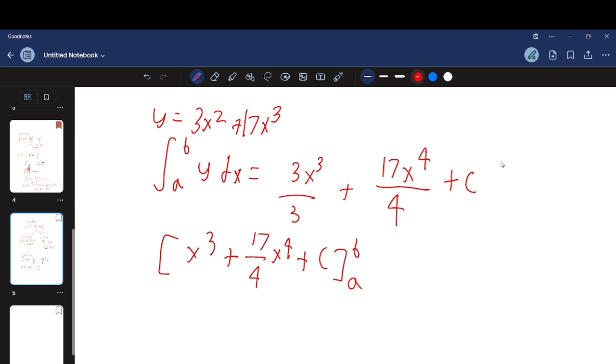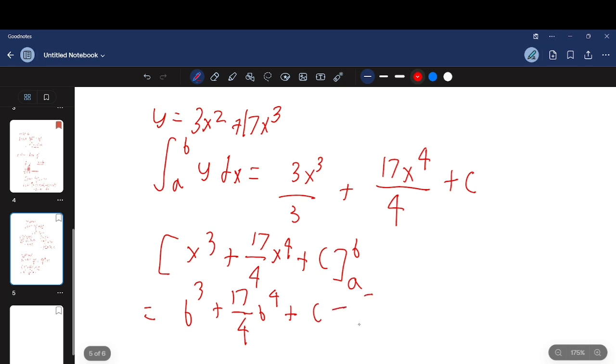As there are limits, we end up subtracting the same equation by substituting the limits in it. For example, it becomes a to b. First we have to substitute the upper limit, that is b: b cubed plus 17 by 4, b to the power 4 plus c.